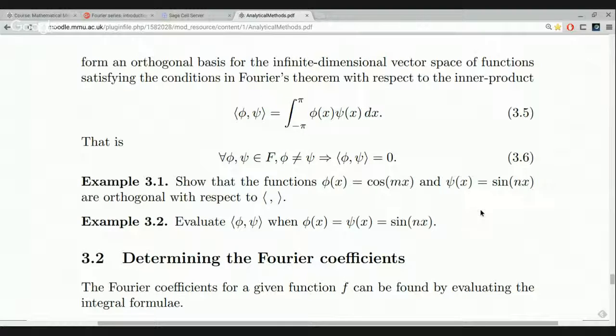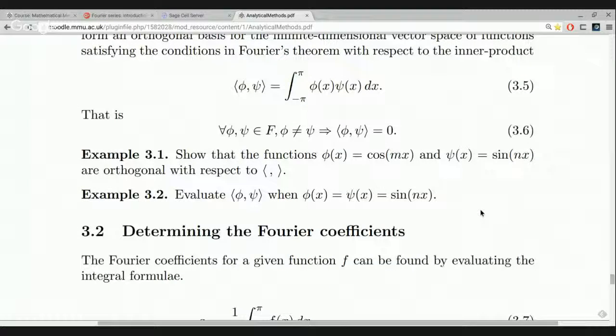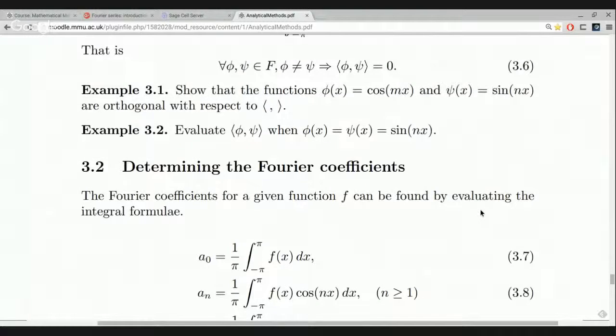That means when you take the inner product of these two functions, the cosine and the sine, you must get 0. There are lots of other parts to that. If we take the inner product of any two different cosines or any two different sines, we'll again expect to get the value 0 and so on. So that's some of the things we'll deal with next time.